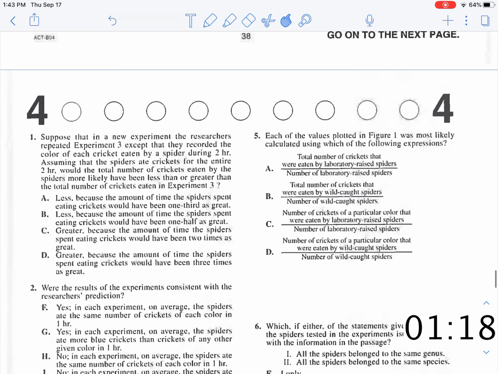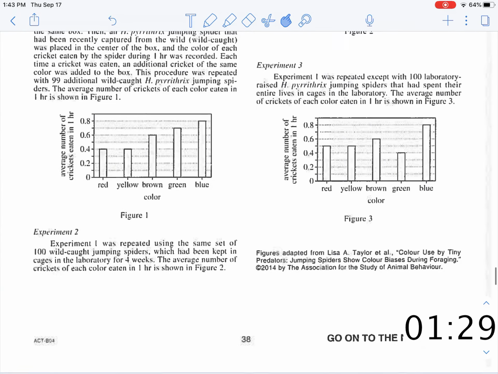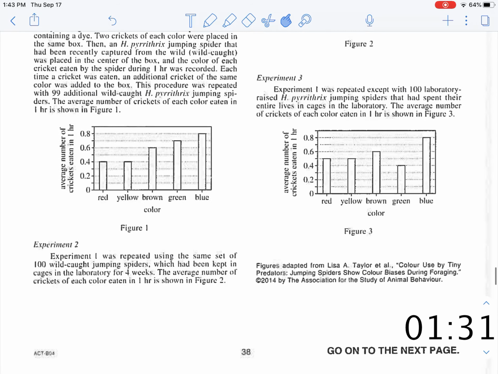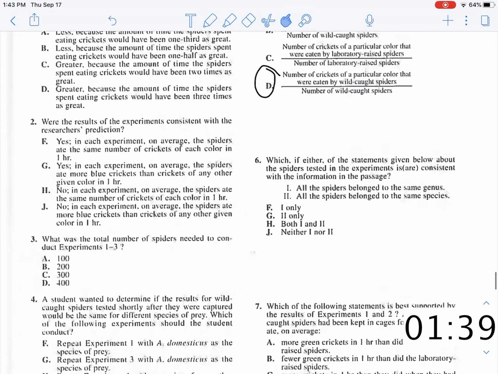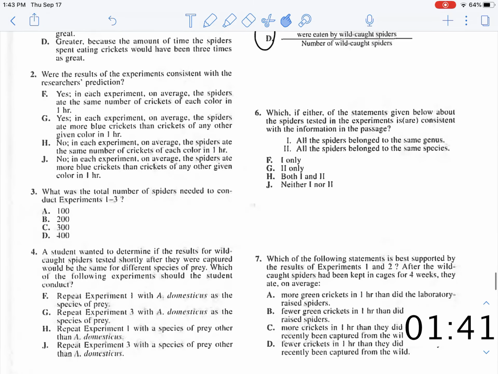Oh yeah, so it would be D, because, yeah, I think so. They had laboratory-raised spiders. Alright, yeah, so that was D, number 5.